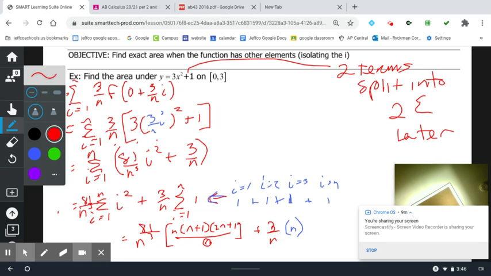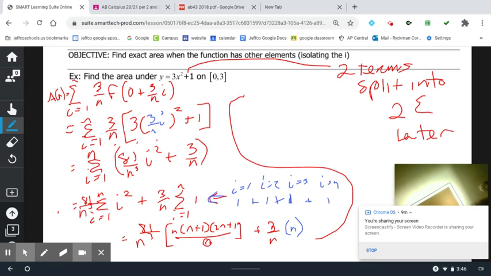All right. Now, we're going to take our infinite limit of our function. If we do that, the top of the first fraction is 81 times n times 2n. So 81 times 2 n cubed over 6n cubed.